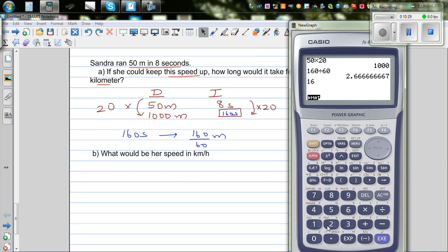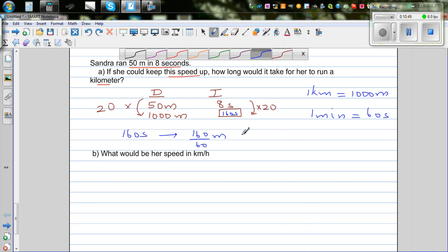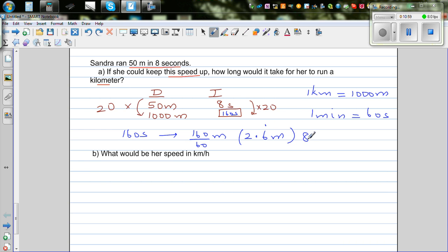Or you can go like this: 160 over 60, and this is 8/3. I don't know how to do that on the calculator. This is 8/3 to be exact. This is 2.6 recurring minutes, or 8/3 minutes, or 2 and 2/3 minutes. That's how much time you require.